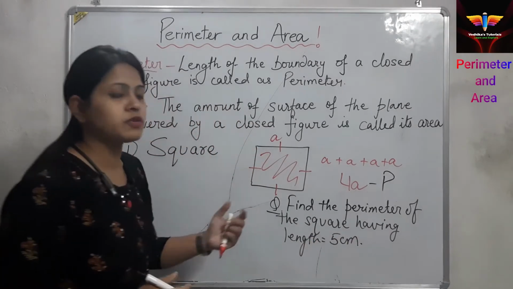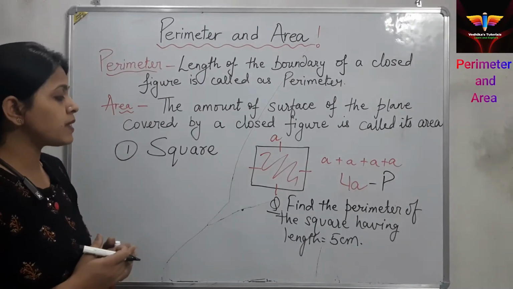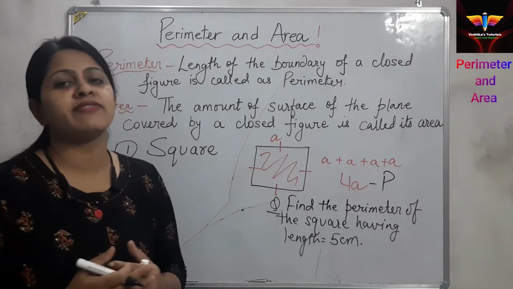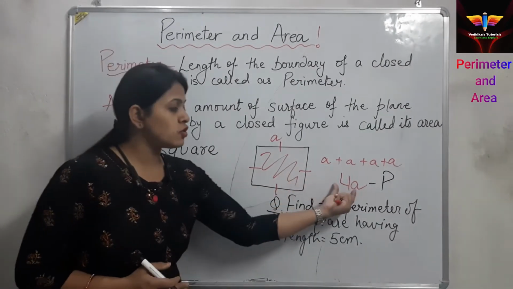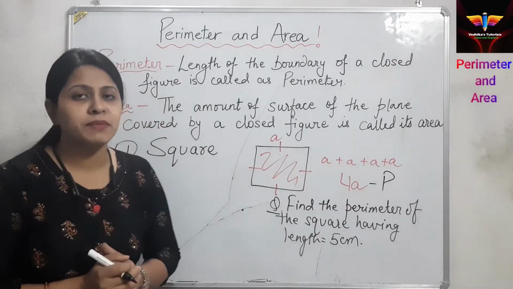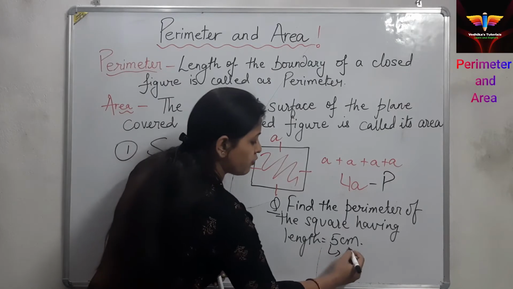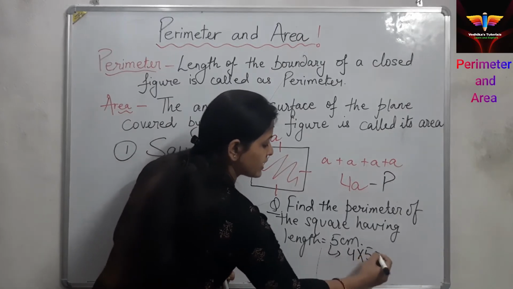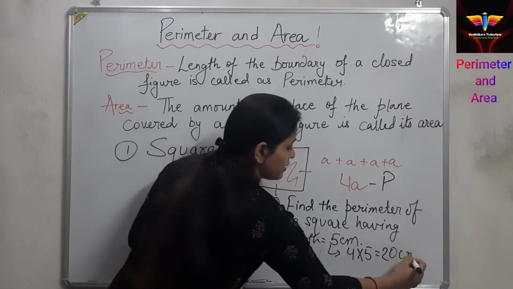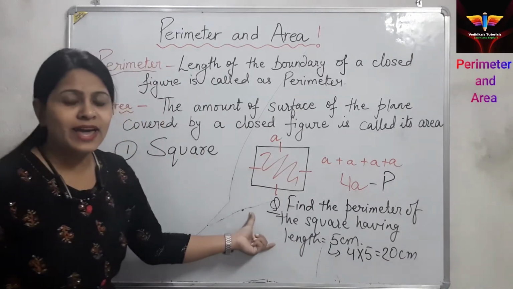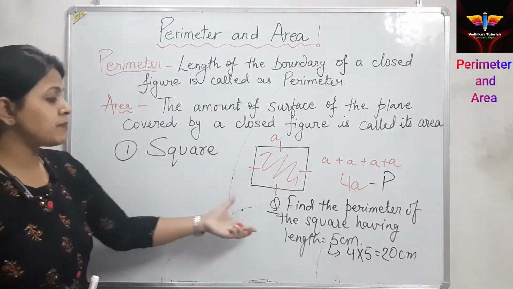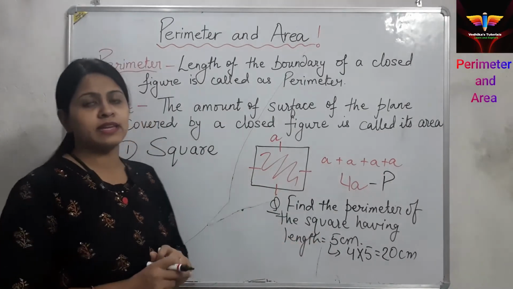So there is a question in front of you. As you know, 4a is the perimeter of the square, so you can easily find its answer. 4 into 5, that is 20 centimeter. The perimeter of the square is 20 centimeter.